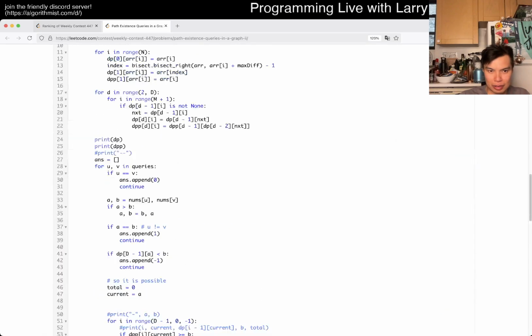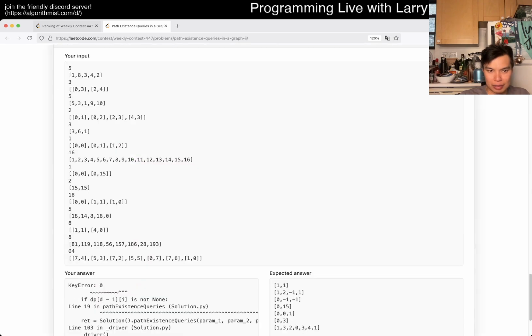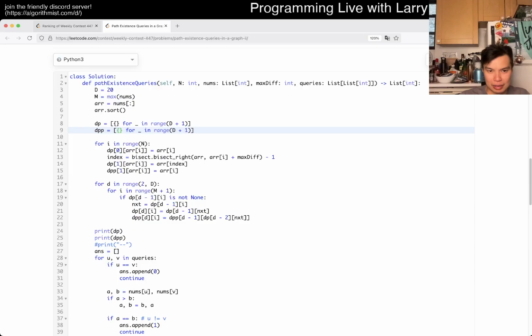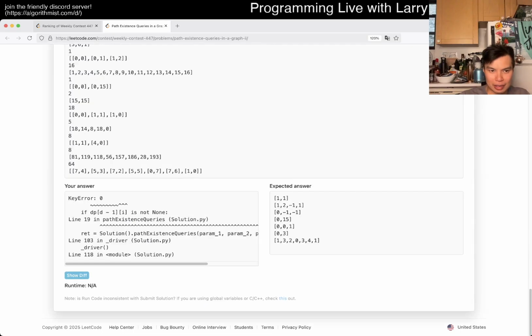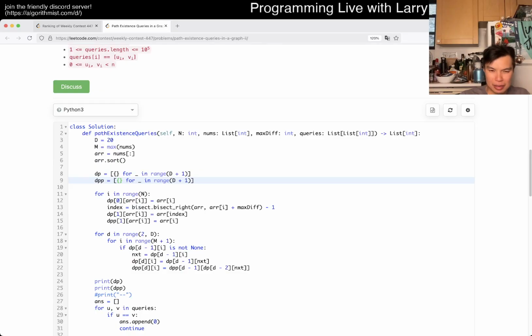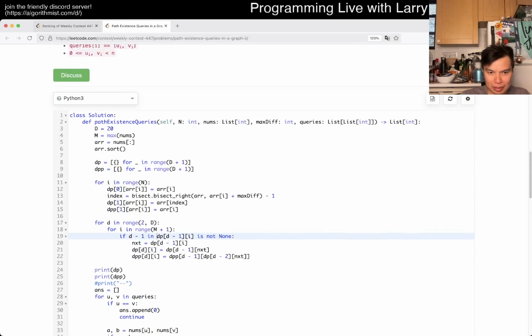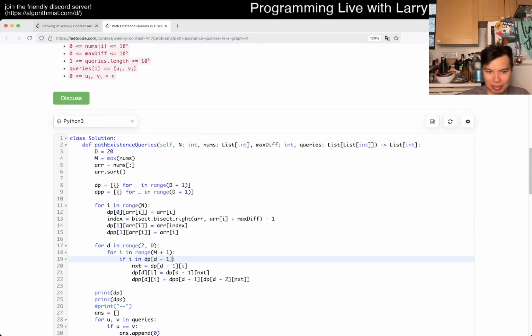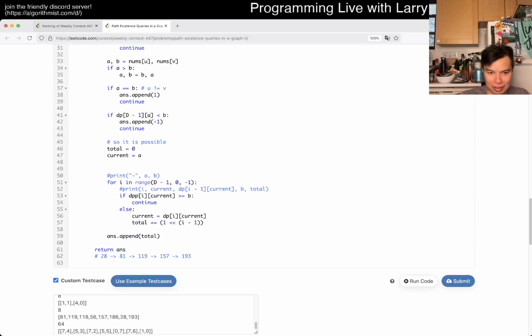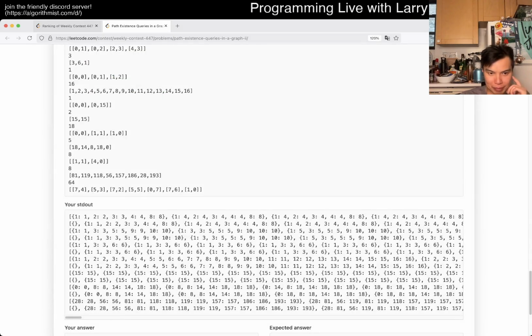Key error. Oh, well, yeah, wait, where? Line 19. Oh. D minus 1 in, wait, which one? Oh, I? It's probably I. I probably could clean this up as well, but I just wanted to see. Okay, right.